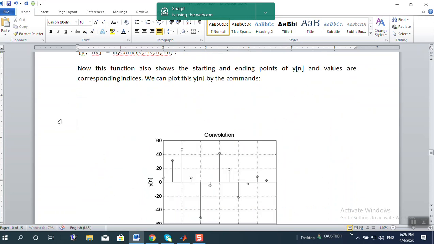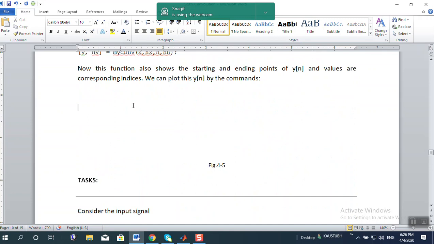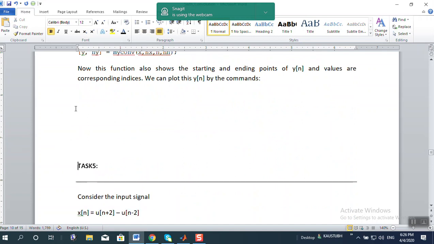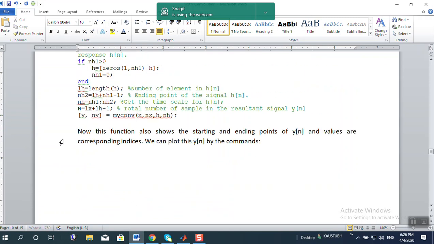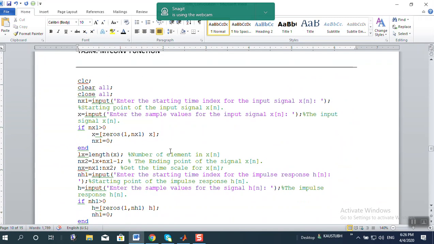Outputs. Right. Okay, up till this is done.